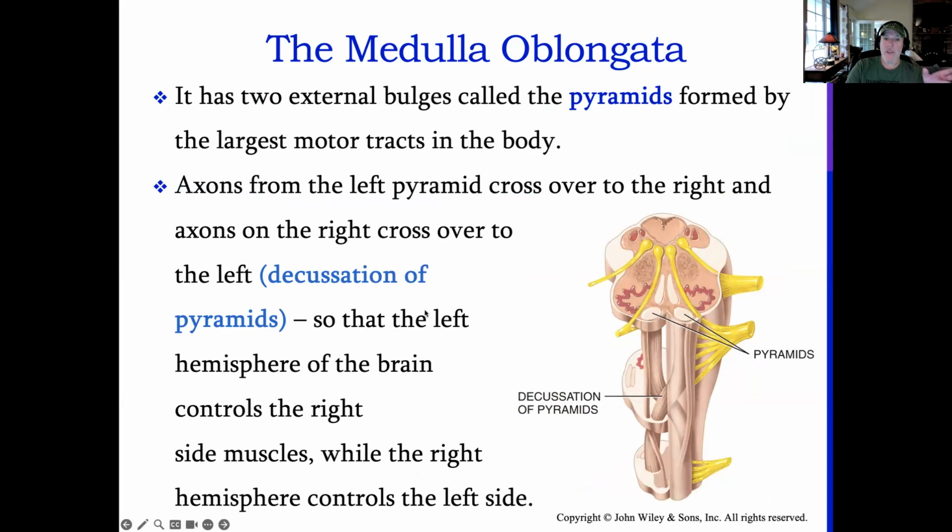And this is the reason why the left side of our brain controls motor function on the right side of our body, and the right side of our brain controls motor function on the left side of our body, which is why we say oftentimes people that are right-handed are left-brained and people that are left-handed are right-brained, because that motor function is originating on the side opposite your dominant side. So if you're right-handed, that signal is originating on the left side of your brain, and vice versa with left-handed people.